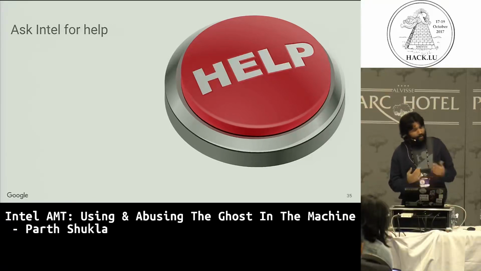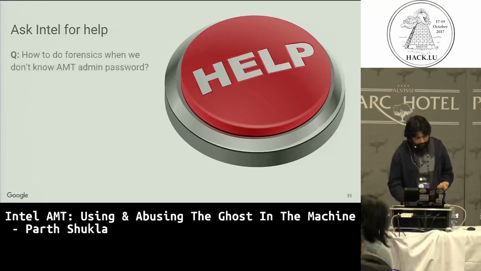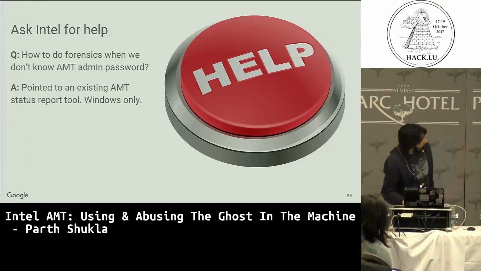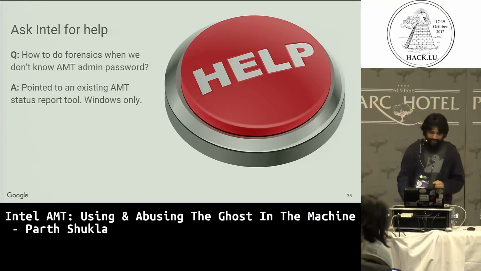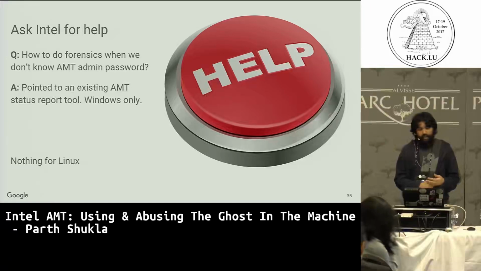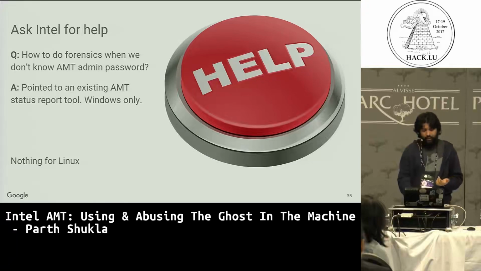I was pointed to a Windows tool, which can be run to generate a status report. I asked about Linux since the machine that was detected was running Linux, and I don't want to boot Windows unnecessarily.